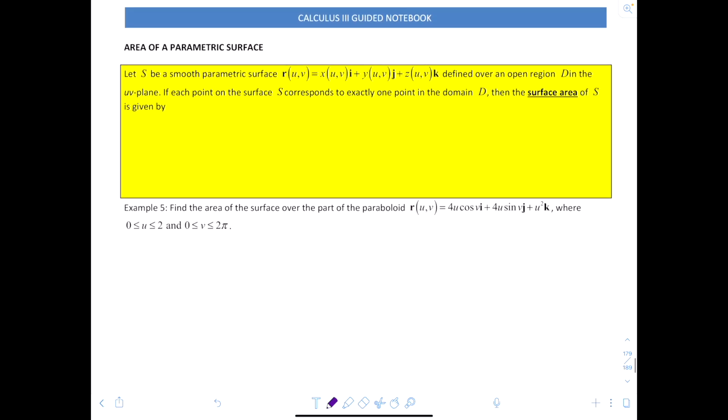class. So now, the area of a parametric surface. Let S be a smooth parametric surface, r at u and v equal to x at u and v times i, plus y at u and v times j, plus z at u and v times k, defined over an open region D in the uv plane.